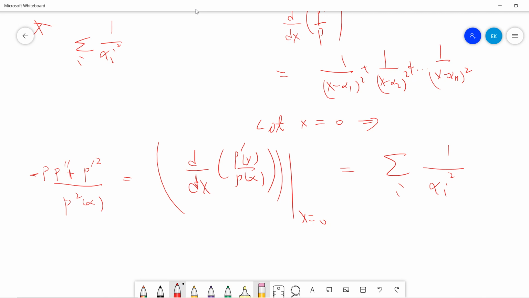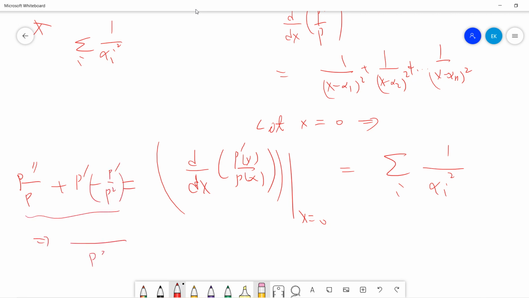So the first term is p double prime divided by p, plus p prime. This one is negative p prime over p squared, so it's p squared and p prime squared. Then you just take x equals 0, and this will give you the beautiful answer.